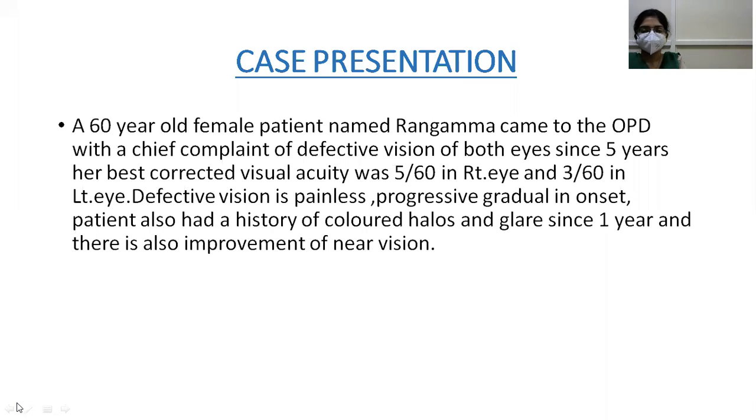Suppose he's able to read up to 6/36 and not able to read further, then we put a pinhole in front of that particular eye and ask him to see through the pinhole and then read. Suppose the vision improves up to 6/6, that indicates that the patient has a refractive error and it can be corrected with suitable glasses.